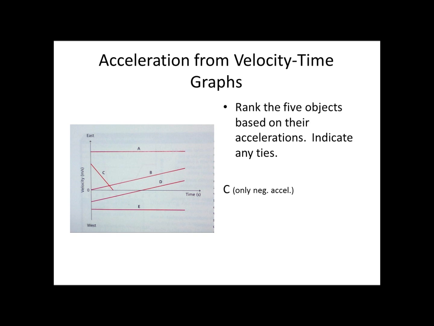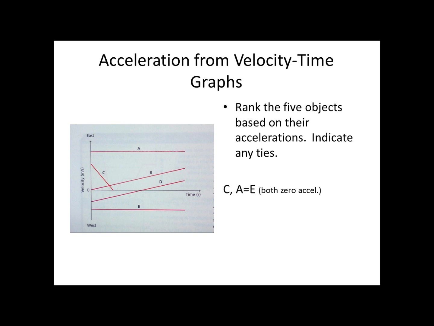So what comes after that? After our only negative acceleration, we have our zero accelerations. Objects A and E both have a zero acceleration. I know that it's zero because their slopes are zero. Now this does not mean that they're not moving. A horizontal line on the velocity time graph does not mean they're not moving. It means they're not accelerating.